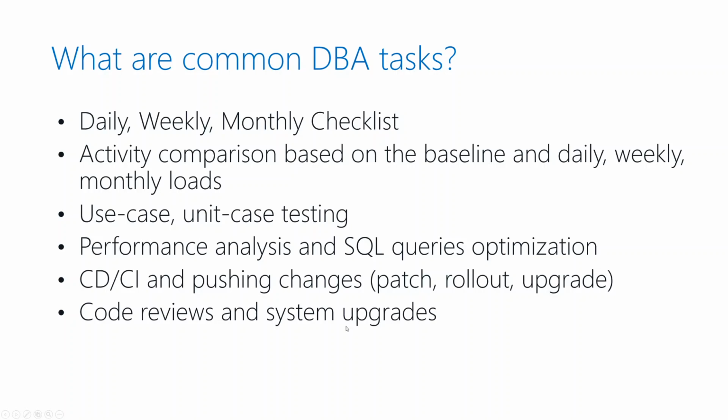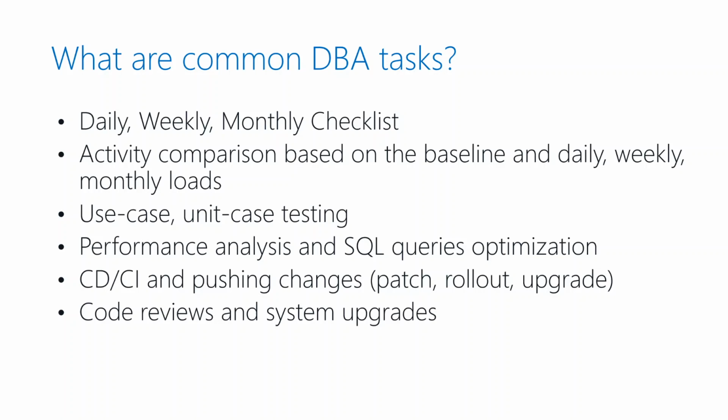Okay, we've seen what the common DBA tasks are, and usually they have a daily, weekly, monthly checklist. What the DBA usually does is compare the baseline with the workloads. But sometimes performance can degrade, and it is what it is, and you need to do some off-the-record or additional analysis.